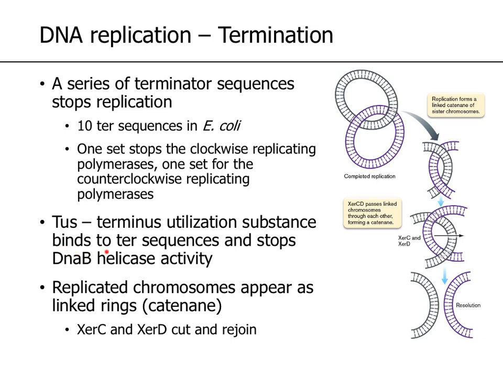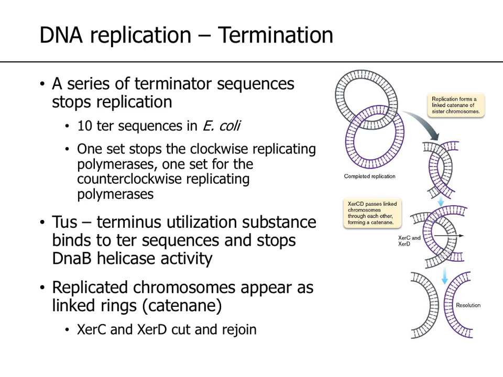So these bind to the TER sequences, and then it stops the DNA B helicase activity. If you remember way back from the initiation, DNA B is the one that has the helicase, so it's going along ahead of the fork and opening up all the strands. And so when it hits these TUS molecules, it'll stop the helicase activity.